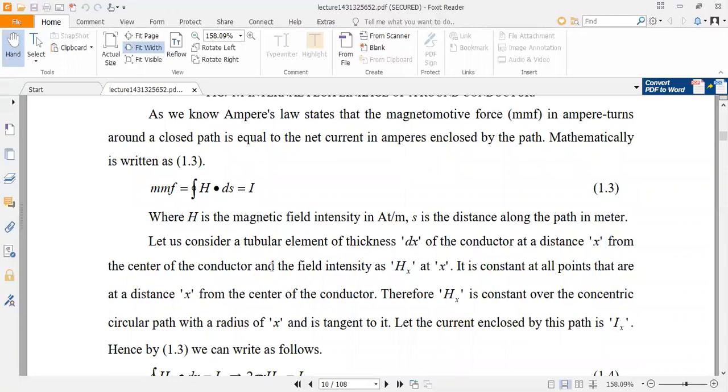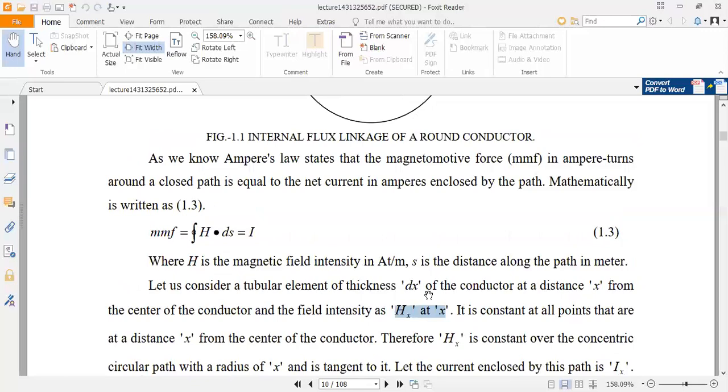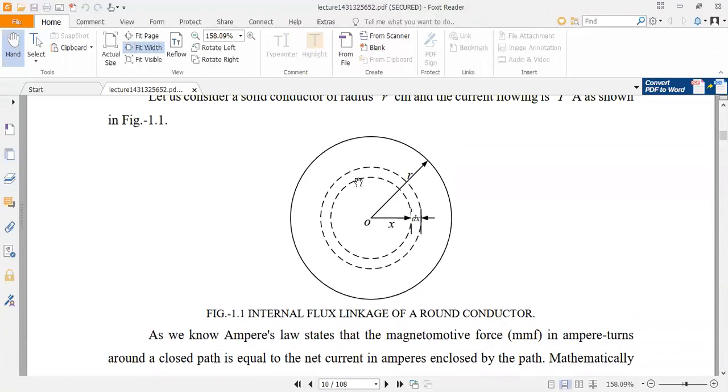We are also considering Hx at a distance x, the magnetic field intensity. It is constant at all points, because this is a circular path, all the parts are divided equally, and in each part the field intensity must be uniform.